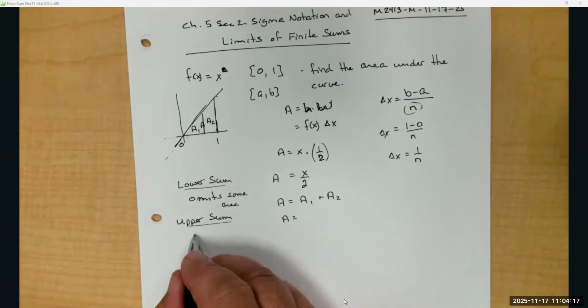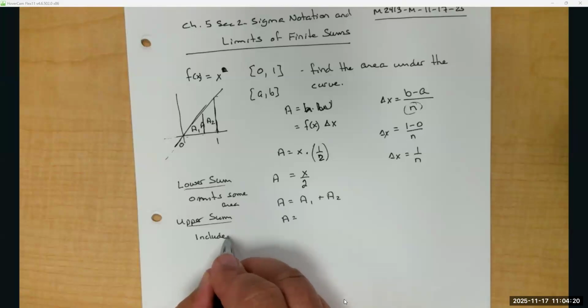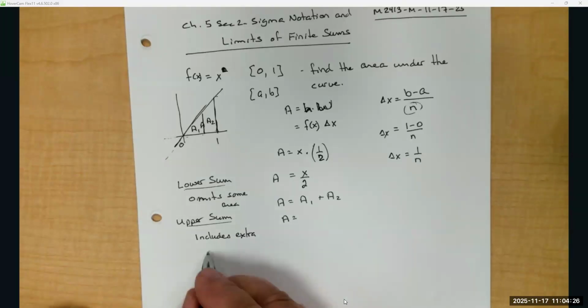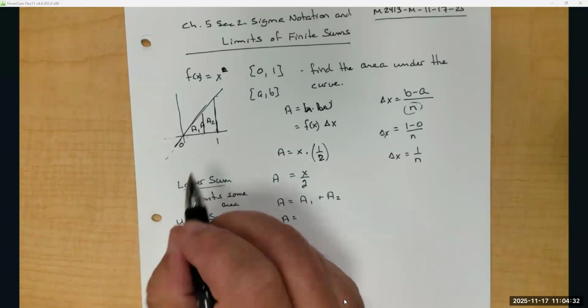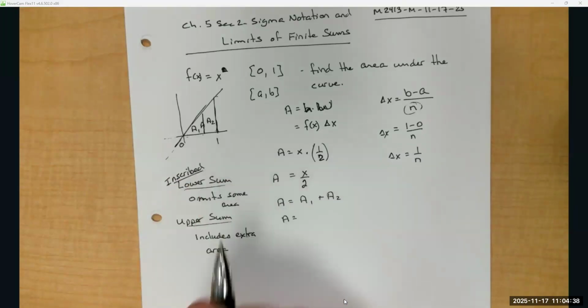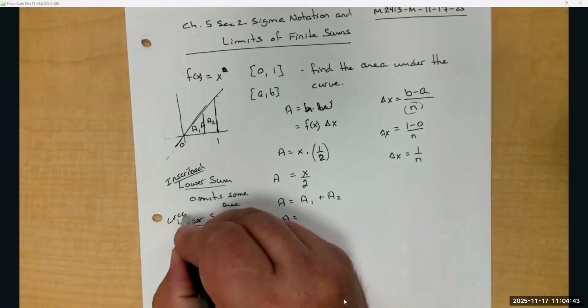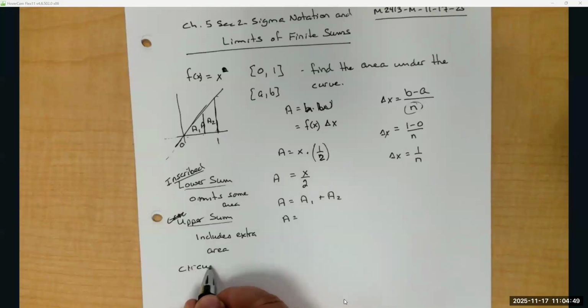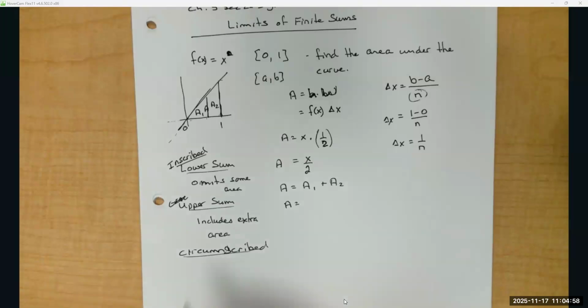The upper sum includes extra area outside. So lower sum is what is called inscribed, where the graph inside the rectangle is inside the graph, or circumscribed, which is outside. So the area is inside the rectangle.